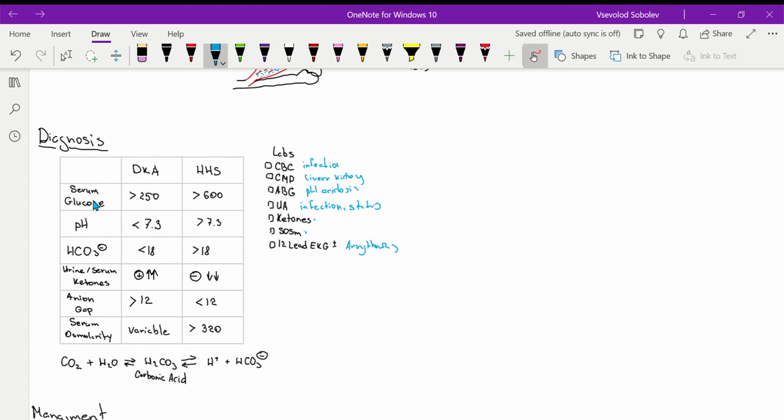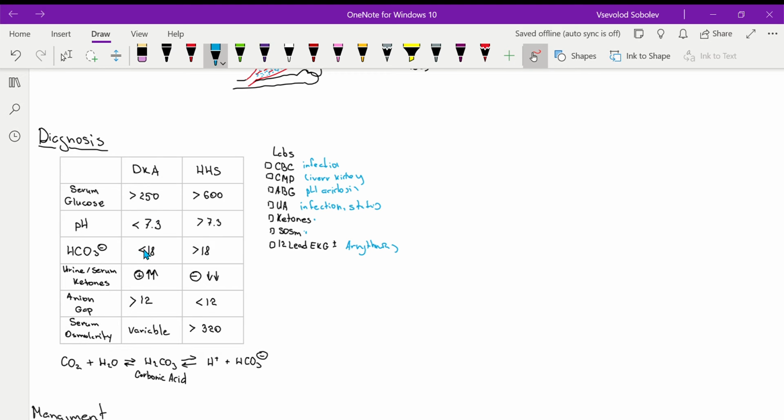So serum glucose, usually in diabetic ketoacidosis, is 350, and of course it can be above, but it's around 250 because they're still able to pee off some of the sugar. In hyperosmolar hyperglycemic state, they will have 600 serum glucose. The pH in diabetic ketoacidosis is low, below 7.3, which means they are acidic.